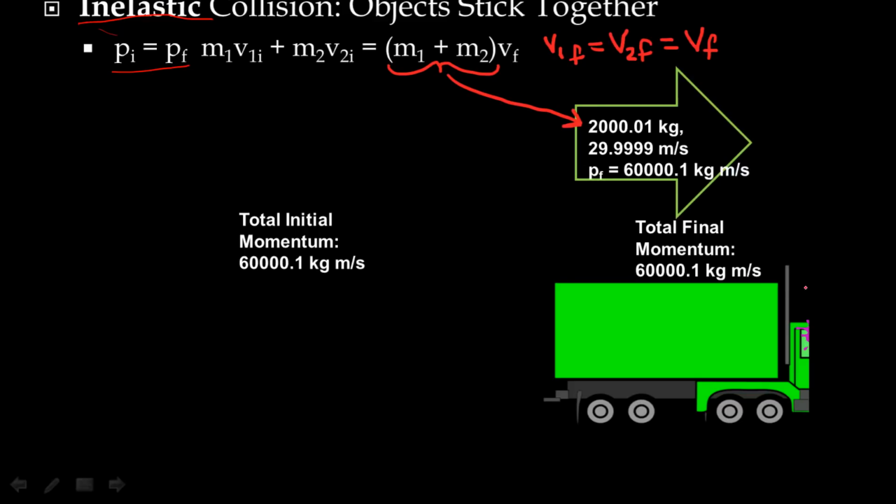Our final momentum is 60,000.1 kilogram meters per second. If we do the math, we find out that the final velocity is 29.9999 meters per second. Not much of a change in the velocity for the truck, but a big change in velocity for the bug.